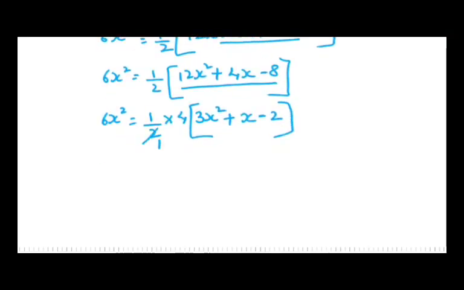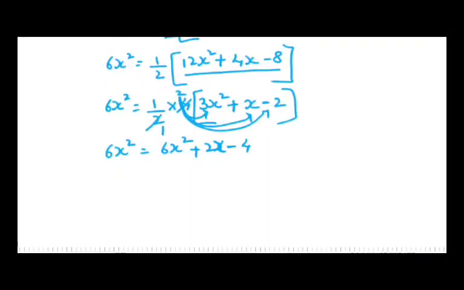Correct? 2 1s are 2, 2 2s are 4. So 6x square is equal to 2 3s are 6x square plus 2x minus 4. Alright, this multiplied by this multiplied by this, and it is again multiplied by this.